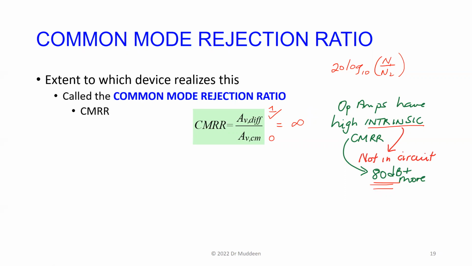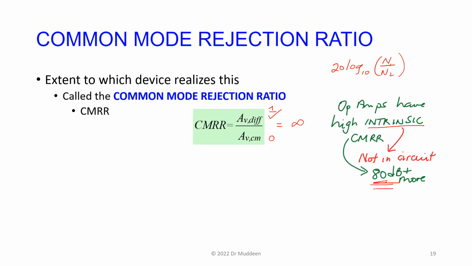Typically, even an inexpensive op-amp, like the 741 op-amp that you met in level 1, a general purpose op-amp that costs maybe 10 or 15 cents US, has by itself, as the manufacturer gives it to you, a common mode rejection ratio of about 80 decibels.